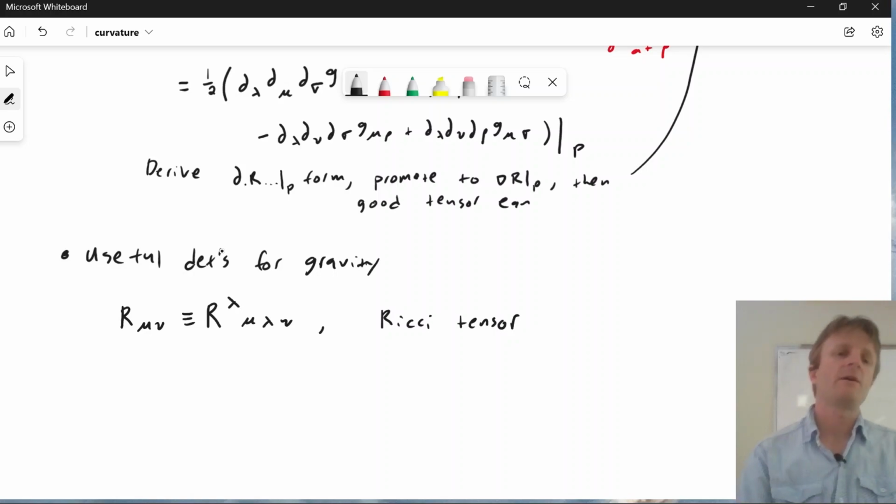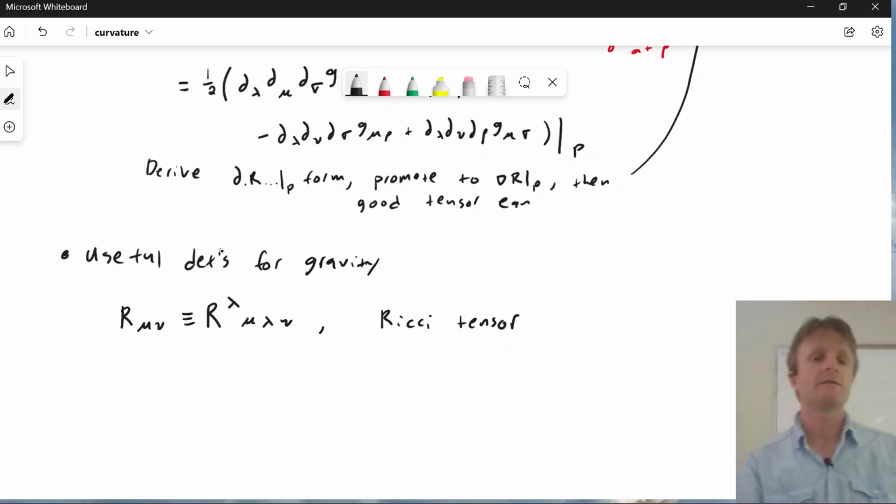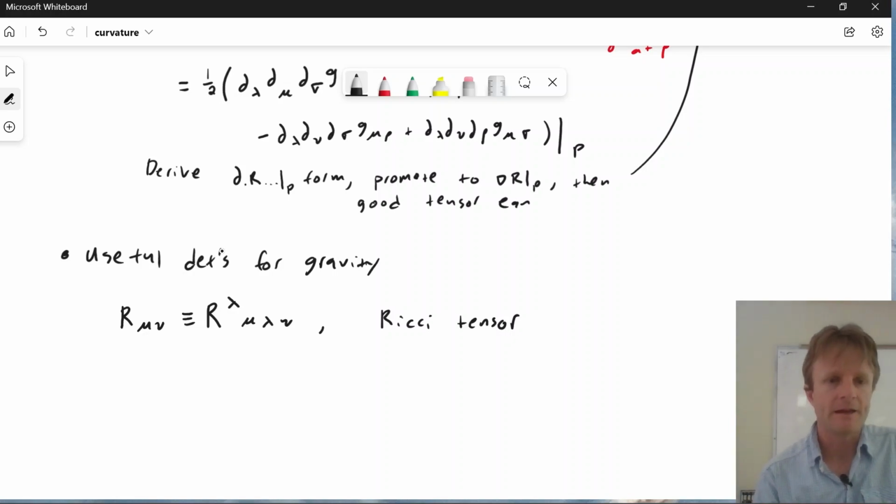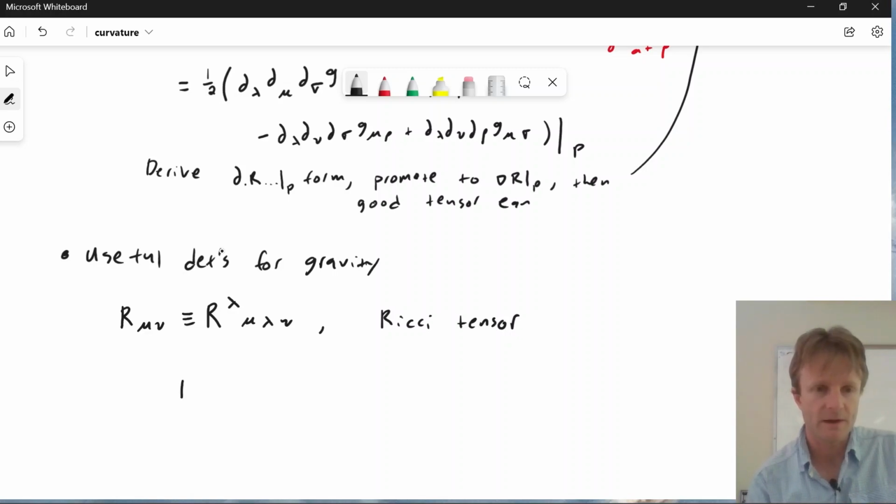So that is now a rank 2 tensor. It has some information about curvature, but not all of the information because we've contracted over a pair of indices. And because of property 4, that you can interchange pairs of indices, this is actually symmetric. So R mu nu equals R nu mu. Symmetric tensor.